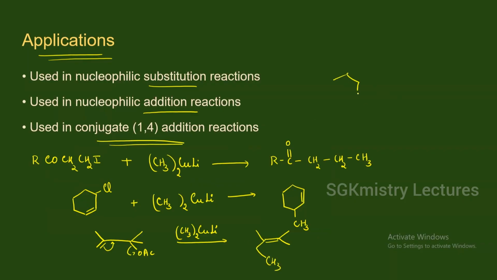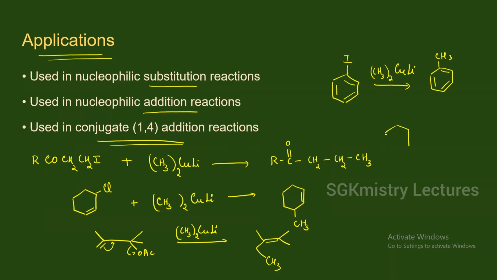If I take iodobenzene, now there is an iodo group here. So this can be replaced by the methyl group by making use of this reagent. Iodine is a halogen, it can be replaced by the CH3 group.